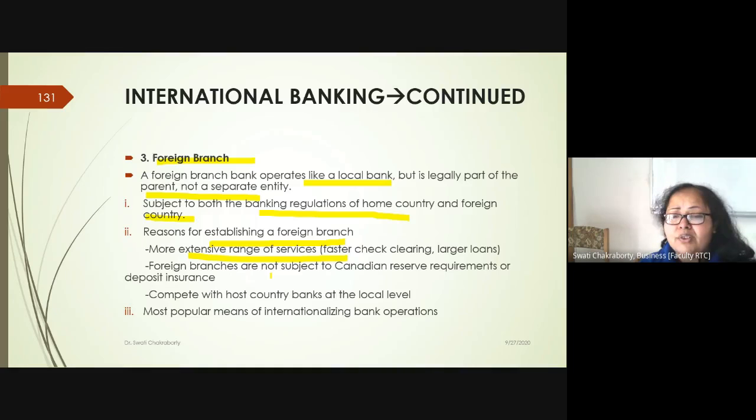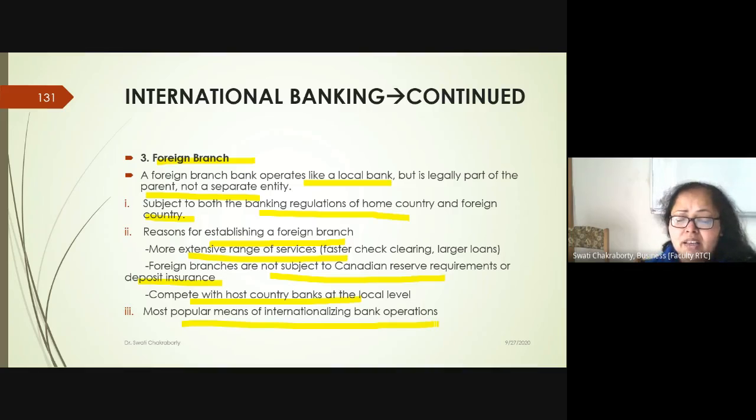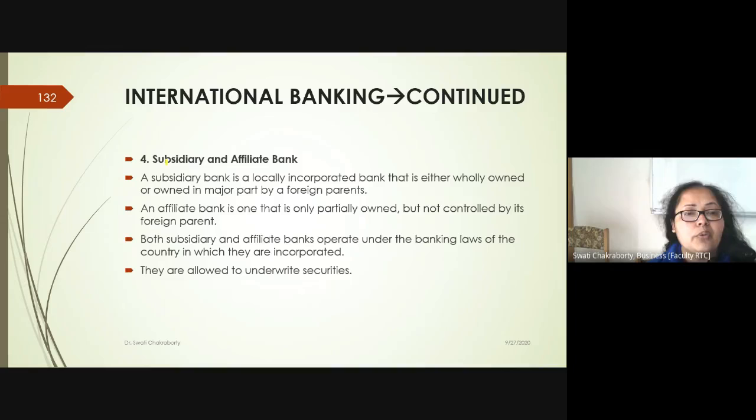And these foreign branches are not subject to reserve requirements or deposit insurance, like in the US, Canada, and other countries, and they compete with host country banks at the local level. It's also one of the popular means of internationalizing the bank's operations.